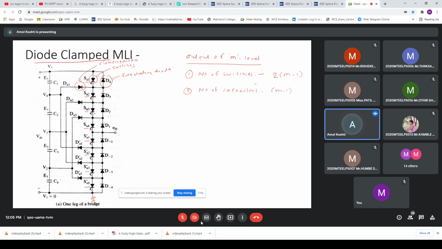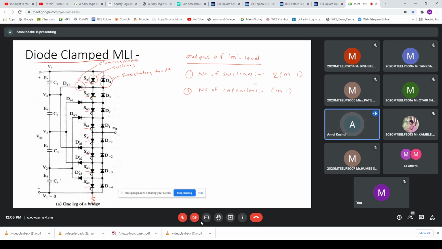As this circuit is for the 5 level inverter, here M stands for 5. So 5 minus 1 is 4. You can see here C1, C2, C3, C4. 4 capacitors will be there.